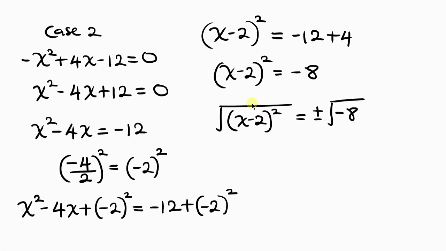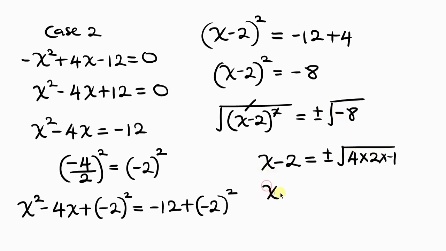Now notice that this square root can cancel out the square, leaving behind x minus 2 to be equal to plus or minus the square root of, well, negative 8 is same as 4 times 2 times negative 1. Very good. So 4 must be a perfect square. And this negative 1 is what introduces the negative here. Very good. So let's separate this.